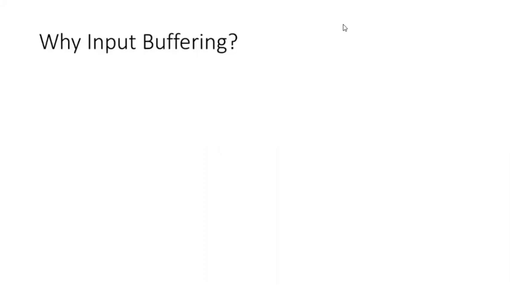Now the question is, why do we need input buffering? Because in certain programming languages, we may have to look at more than one character. Suppose I look at the symbol plus, I know that this is an operator, but the same language can also contain an operator like plus plus. This is also an operator.